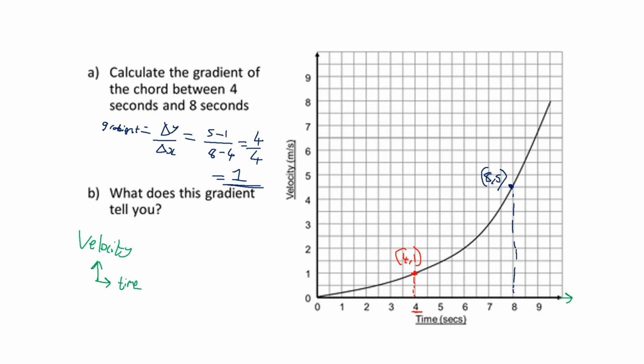And so therefore the gradient is equal to the velocity over the time, which, if you remember from physics class, is equal to the acceleration. Yeah? We'll look at distance time graphs a little bit later when we start mechanics, but these are just some of the things that you have to pick up during the exam.